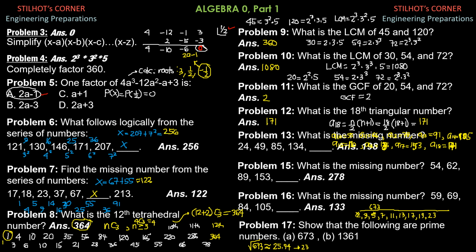Notice that all these will not give us a whole number. Because the result is not a whole number, that means 673 is a prime number.